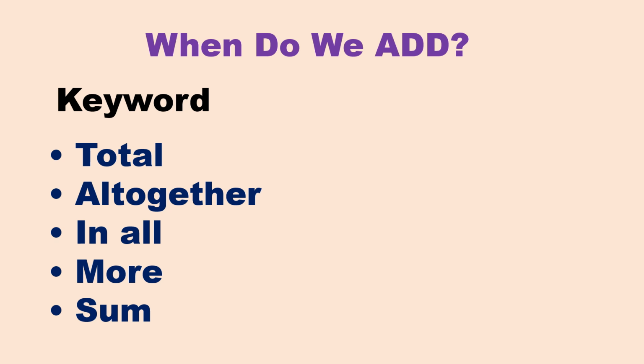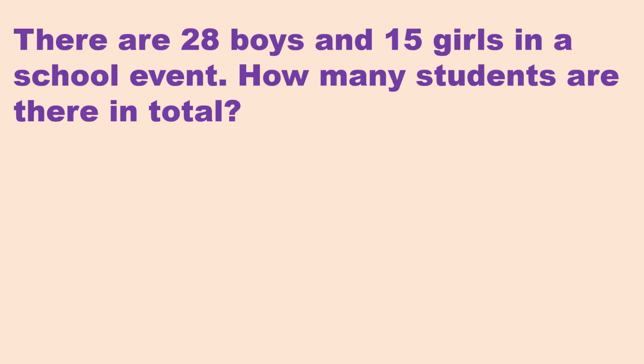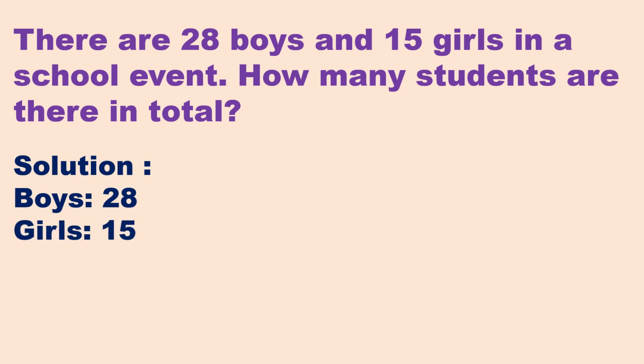Let's see an example. There are 28 boys and 15 girls in a school event. How many students are there in total? So here the important numbers are 28 and 15, right? 28 boys and 15 girls. And what question do they ask?